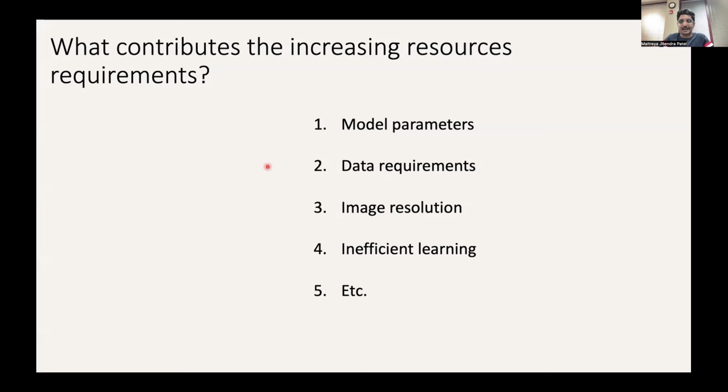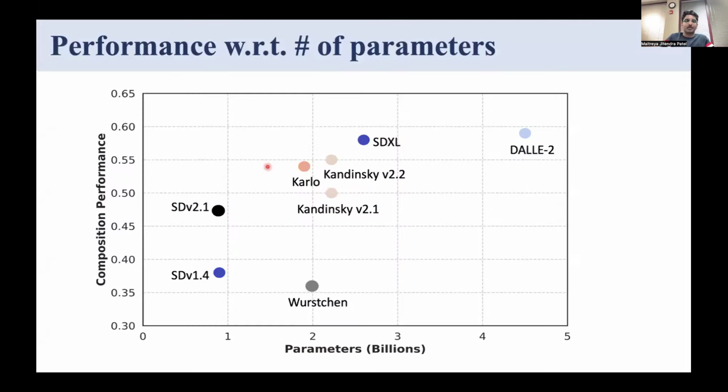We know very well that nowadays model parameters are becoming more and more important. We need to feed more and more high-quality datasets. Image resolution also plays into the picture, and sometimes we train our models inefficiently, and that also contributes to increasing resource requirements. So in the previous chart, let's add one more dimension, which is the parameters.